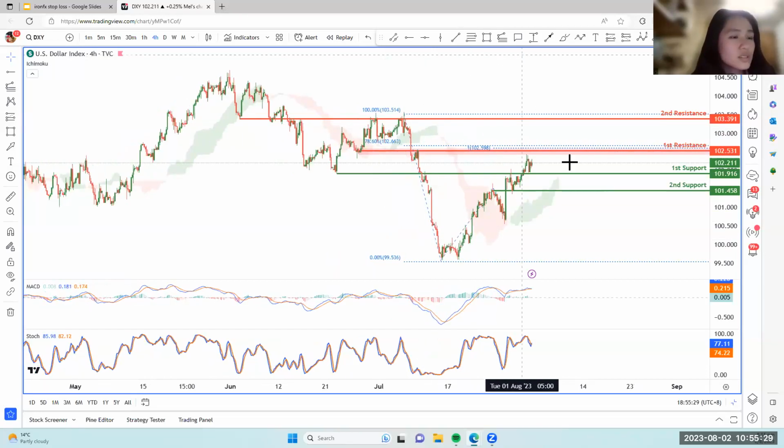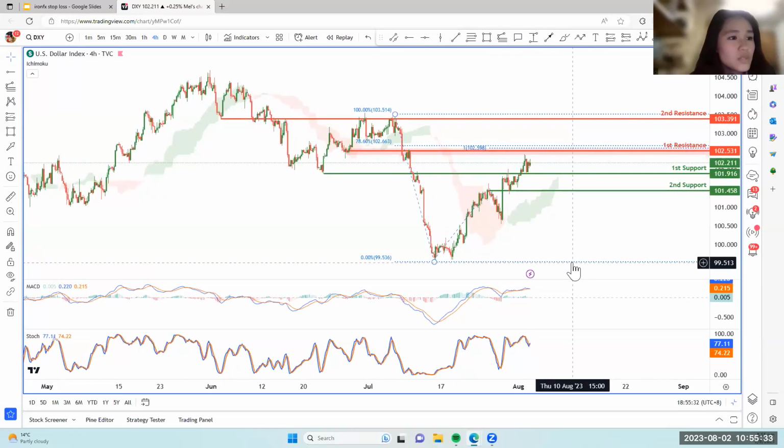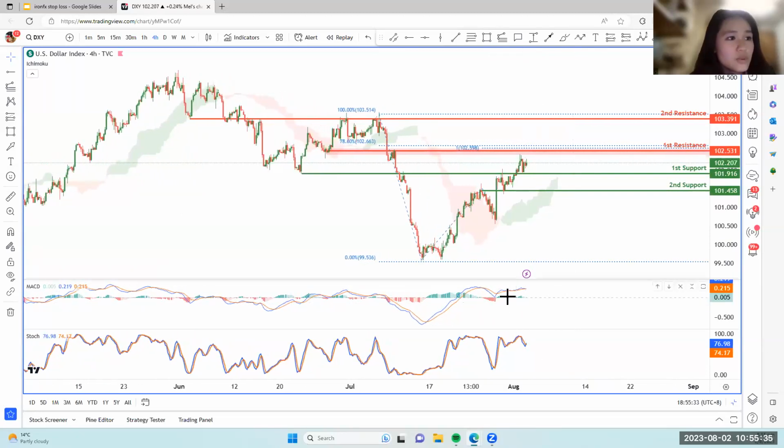So let's take a look at our indicators. Price is moving above the Ichimoku cloud. It's also giving us bullish on our MACD. RSI isn't really telling us much here.